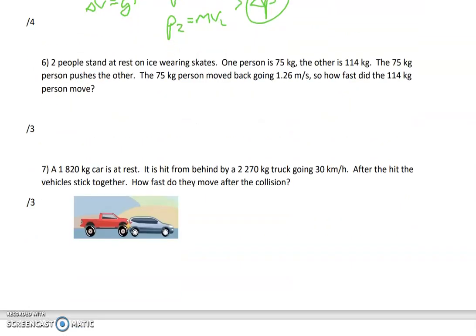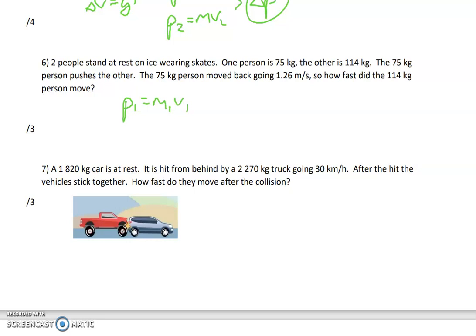All right, so next you get two people standing at rest and wearing skates. Well, this is sort of like a conservation of momentum type thing. You've got one person going one way, one person going the other way. You've got the mass of one person and how fast they're going, so you can find the momentum of that first person.